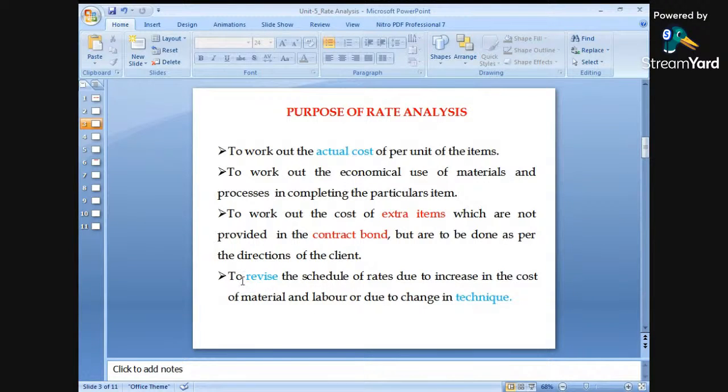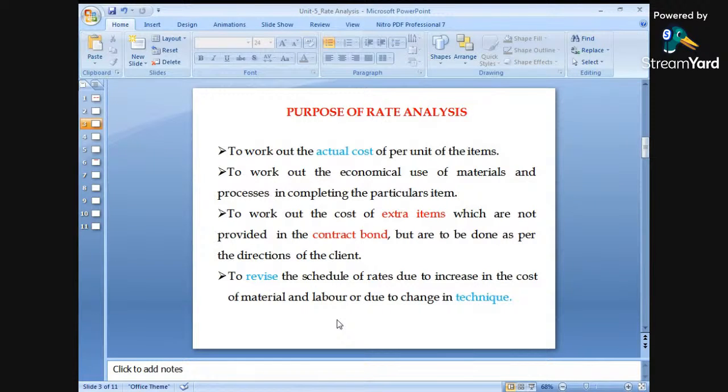Next, fourth point, why rate analysis is a must: to revise the schedule of rates due to increase in the cost of materials and labors or due to change in techniques. While executing a particular type of work, we have to revise some of the things, some of the work which has been carried out.